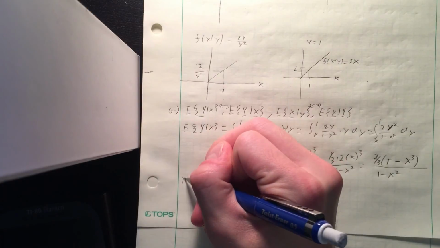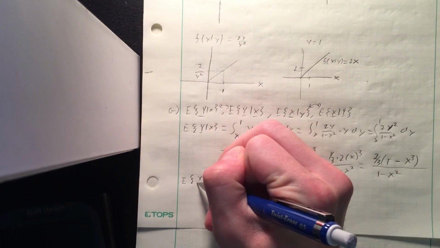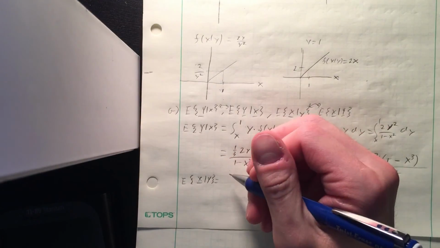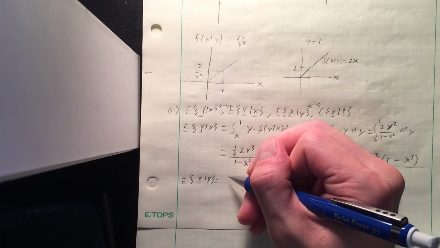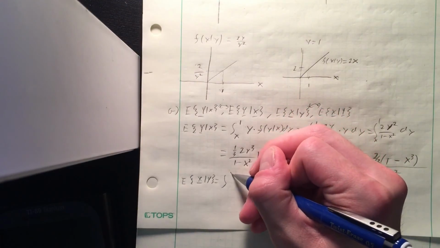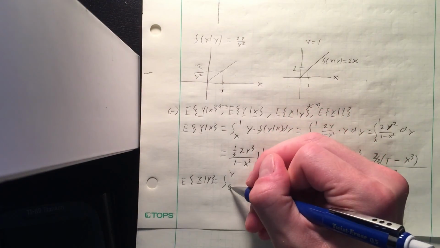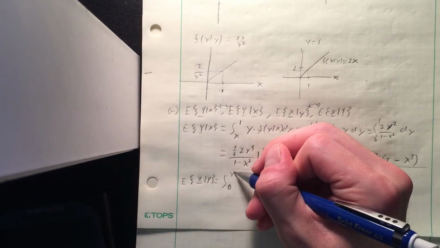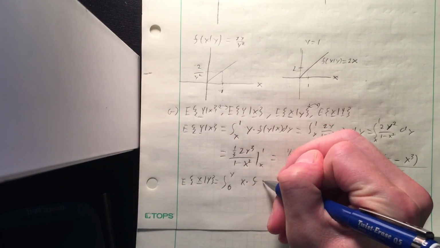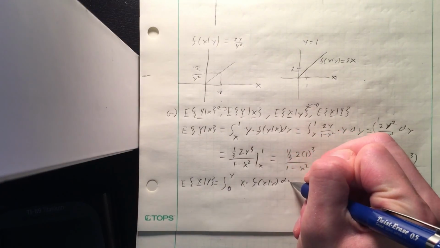And for the expected value of x given y, we're going to have a similar expression, from y to 0, 0 being the lowest value of x, y being the top value, of x times f of x given y, dx.